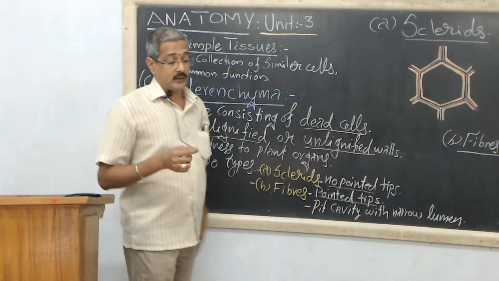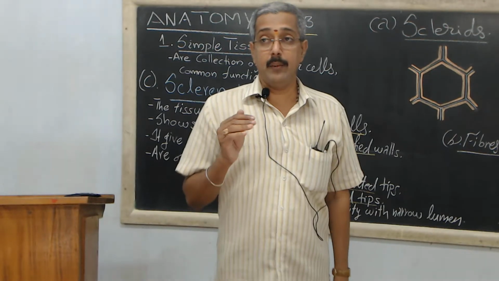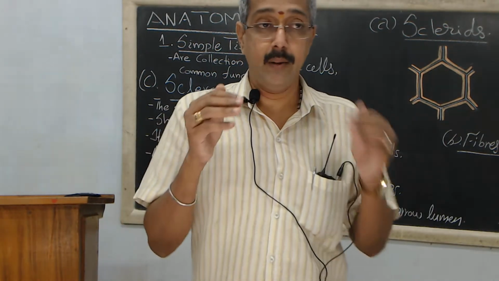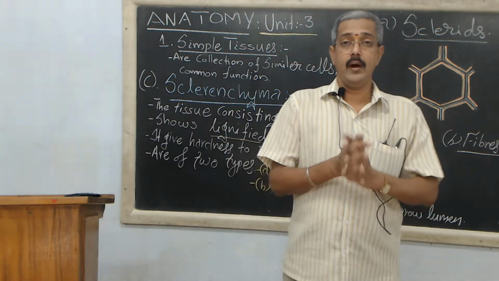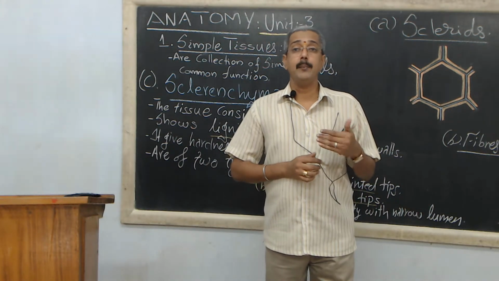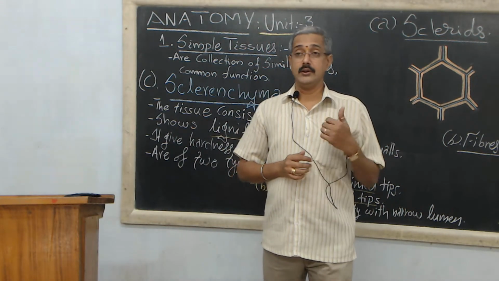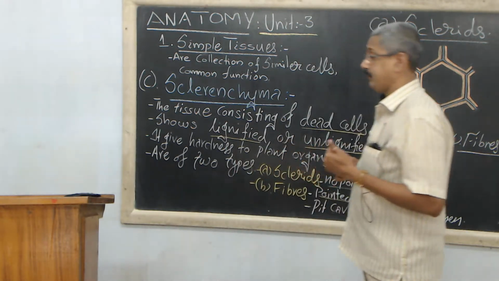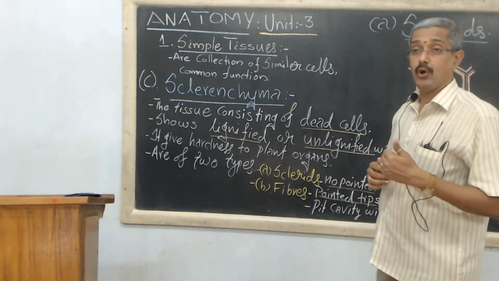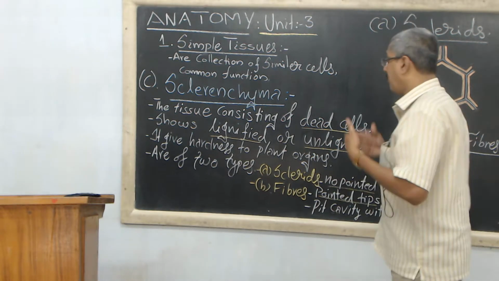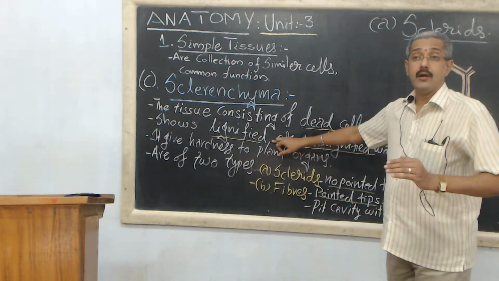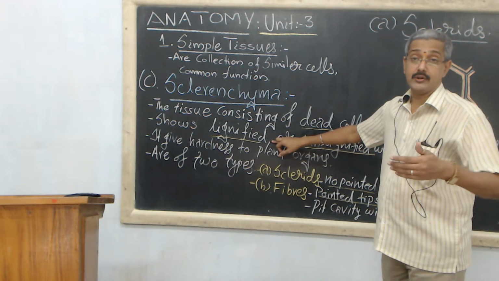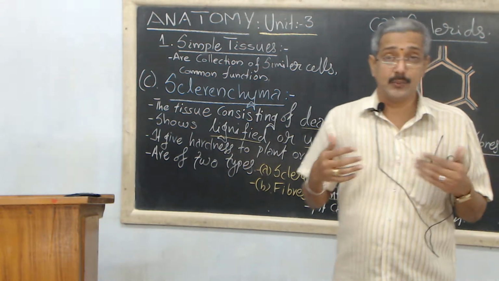The cells originate as thin-walled parenchyma cells, and to perform a particular function, the cell wall gradually becomes deposited with more lignin, and thereby the cell does not perform intercellular transportation.